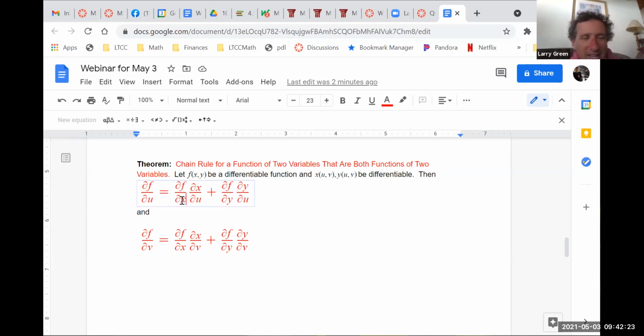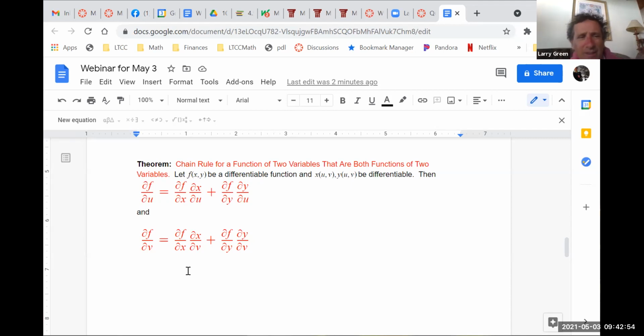So you can't cancel, you can't do fraction arithmetic. So instead, here's a formula, period. This is just the way it is. And del f del v, basically do the same thing, but you replace u with v. Del f del x del v, plus del f del y del v. Any questions on this big theorem?